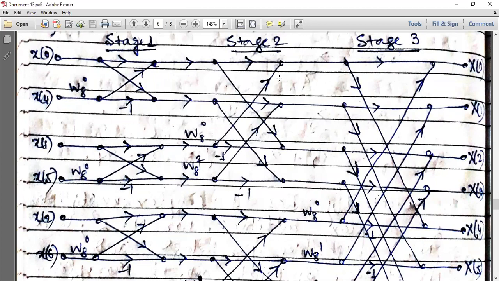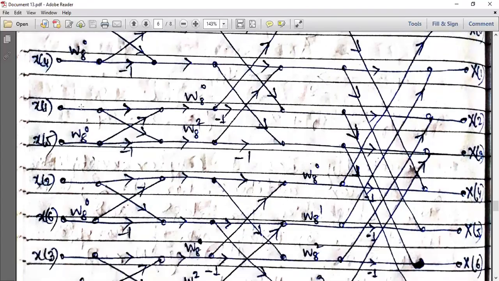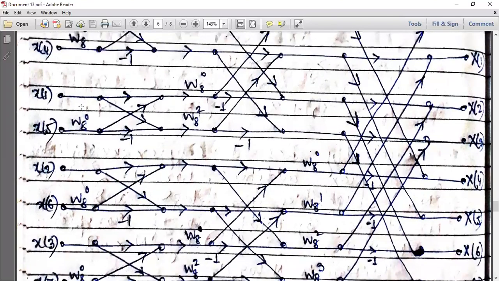This way the butterfly has formed in stage 2. Here, from the x1 part, I have written W8 to the power 0, obviously. And this one will be W8 to the power 2. In the first stage, for each second line, there will be W8 to the power 0. This is a way of doing a butterfly, remember.